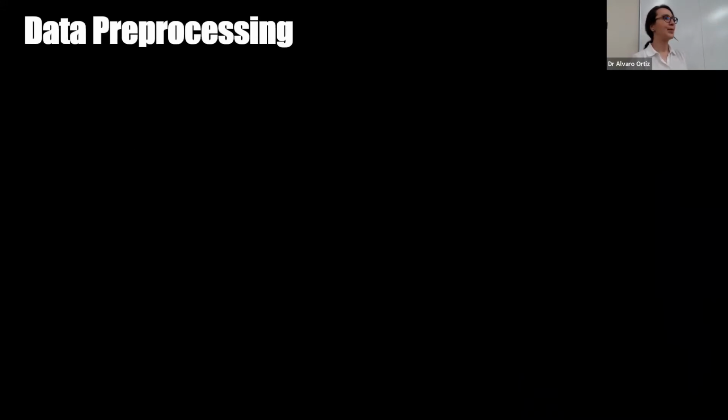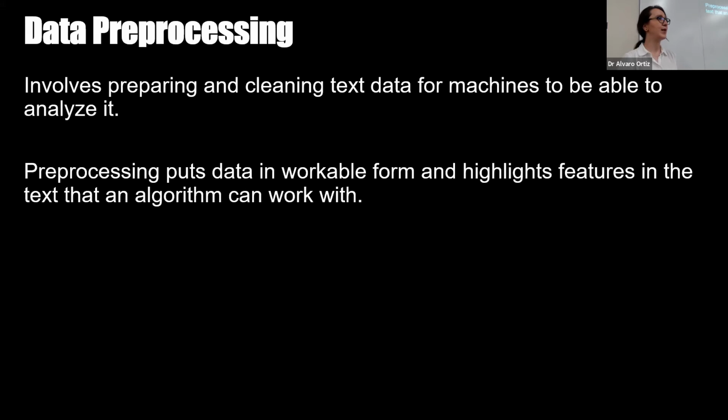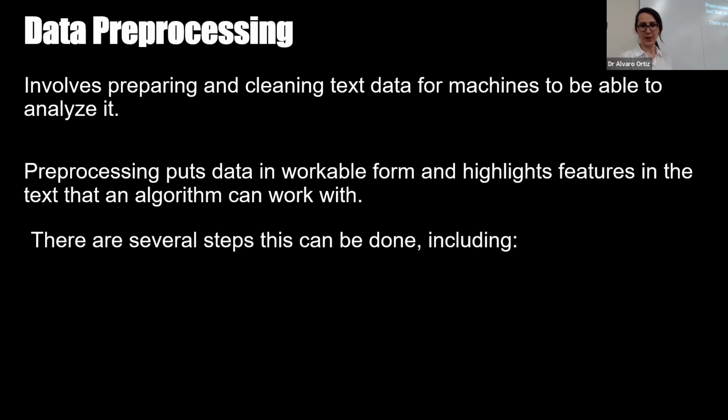So every natural language processing task starts with data pre-processing. What is data pre-processing? It involves cleaning the text data that we have and preparing it for machine learning, putting it in a framework and highlighting the features so the model can work with it.